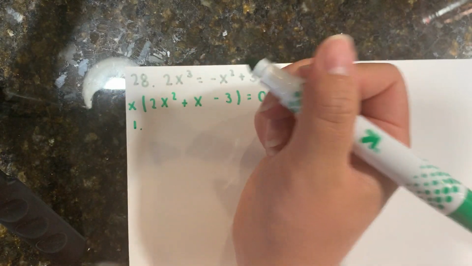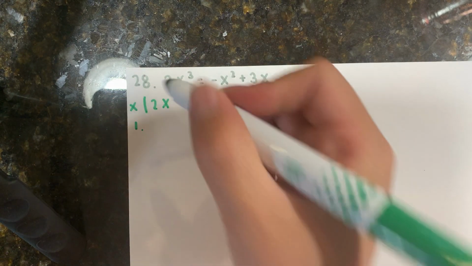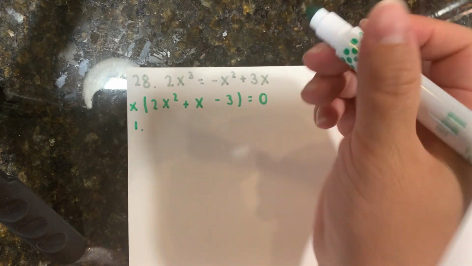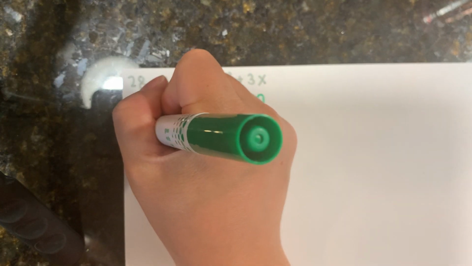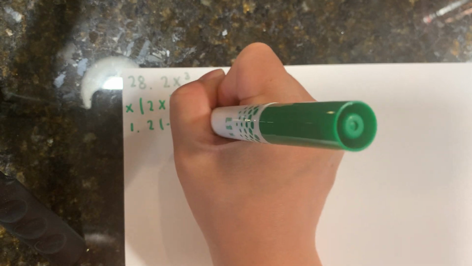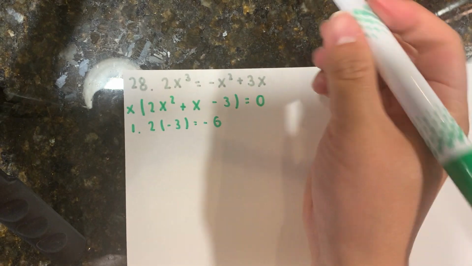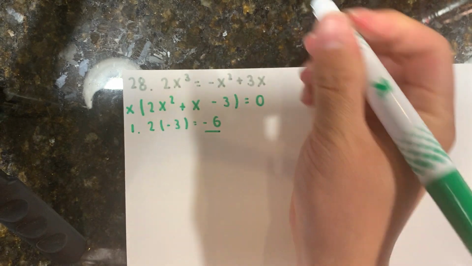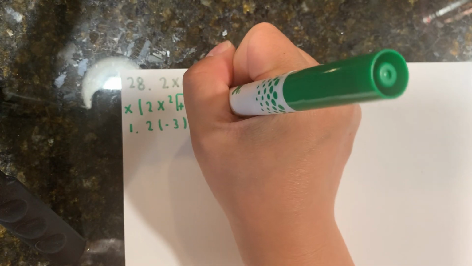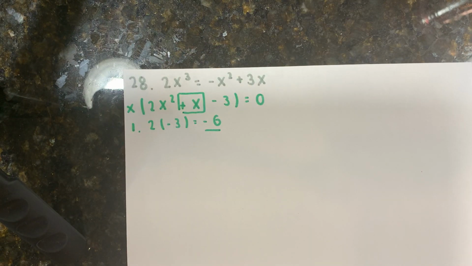You're going to start by multiplying your first term times the last. So that'd be 2 times negative 3, giving me negative 6. I need to find two numbers that multiply to give me negative 6, but add up to give me positive 1.